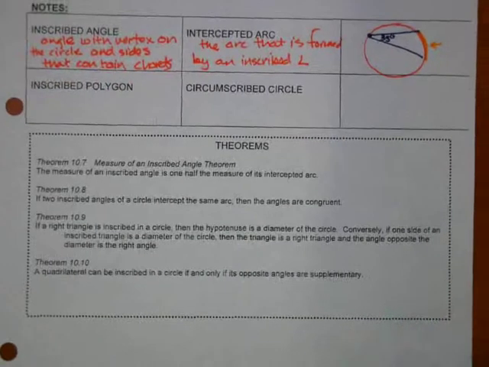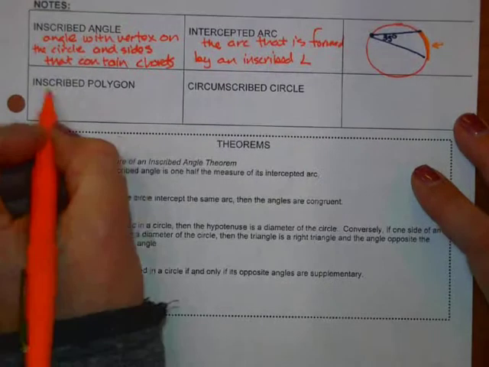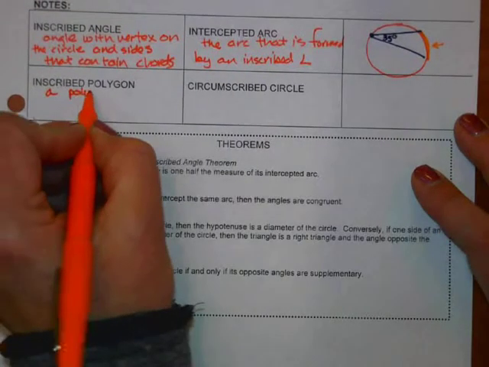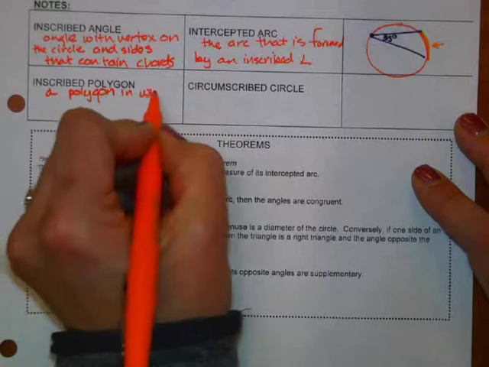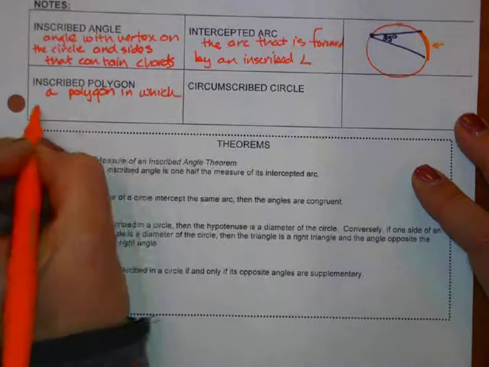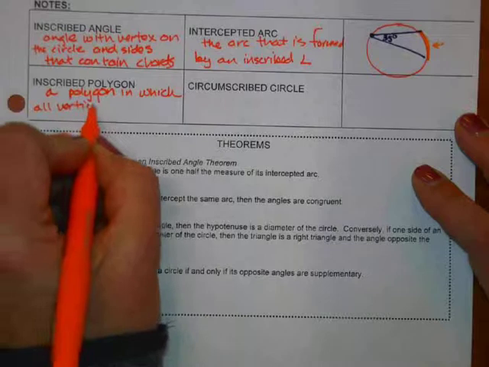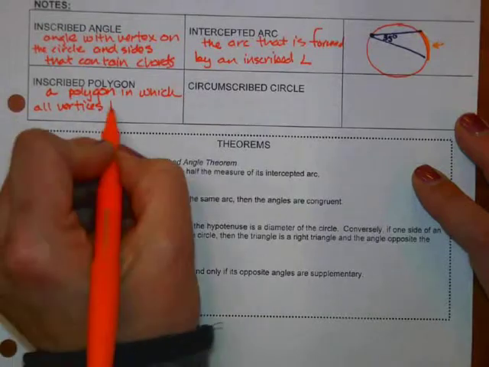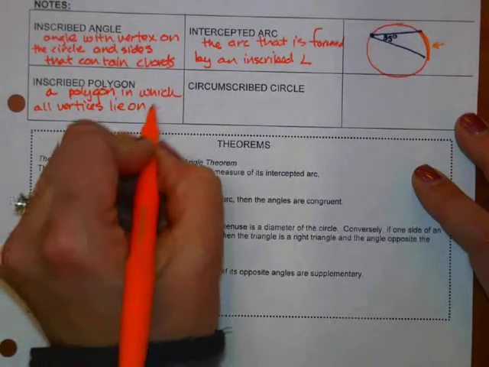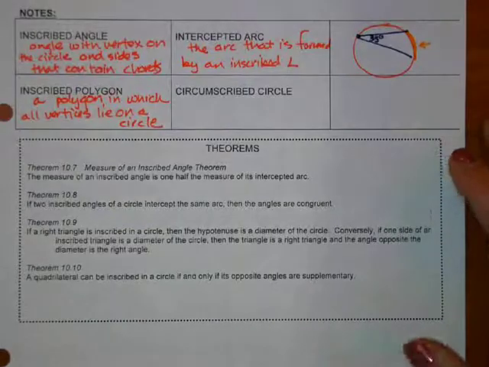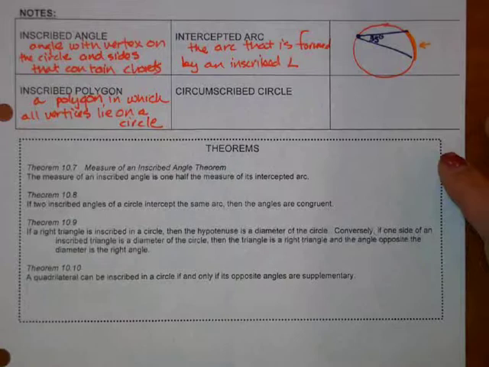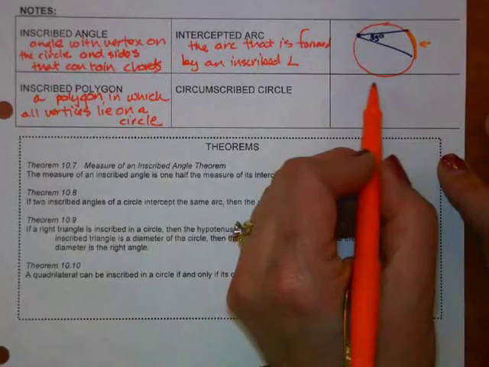Okay. An inscribed polygon is a polygon. You might be able to know already what this is. It's a polygon in which all vertices lie on a circle. So again, we could draw another circle here.